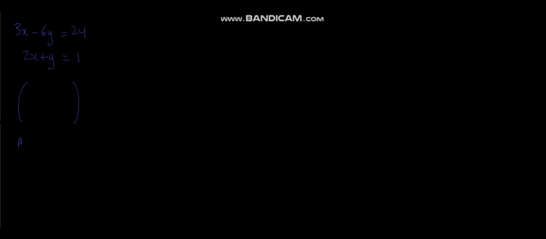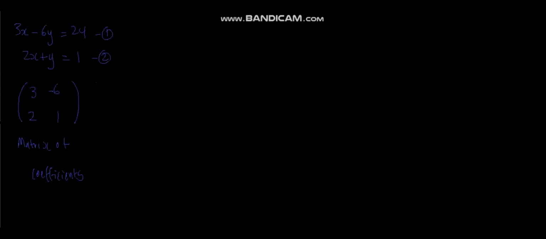So the coefficient of the x term in the first equation, called equation 1, and the second, called equation 2, is 3, the coefficient of y is minus 6. In the second equation, the coefficient of x is 2, and in front of the y the coefficient is 1.